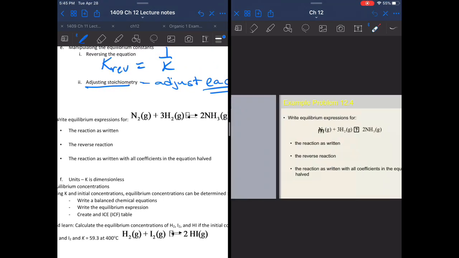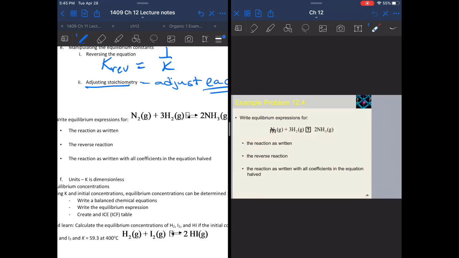We're looking at the reaction that forms ammonia here. And first, let's practice just writing the equilibrium for the reaction as written. K is the concentration of NH3 squared divided by the concentration of N2 times H2 cubed.